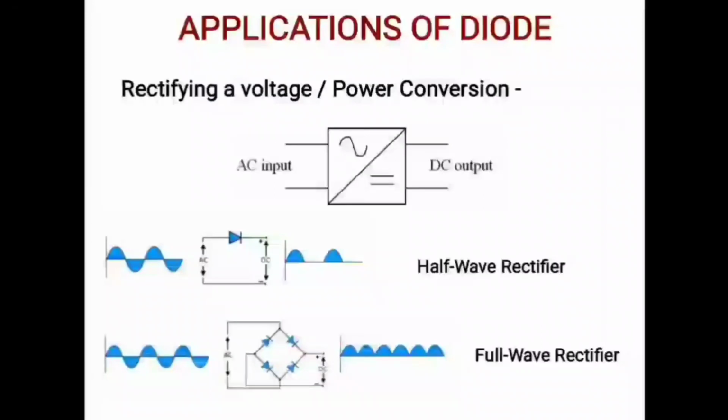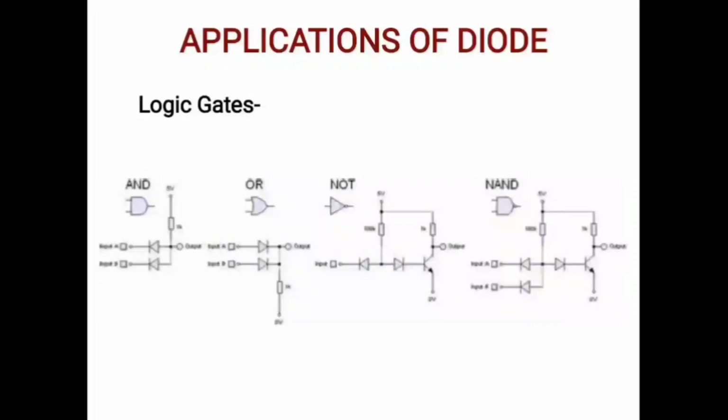So, for conversion of AC power to DC power, we mostly use a rectifier. Diode is the most important component to build different types of rectifiers like half wave, full wave center tap and full bridge rectifier.